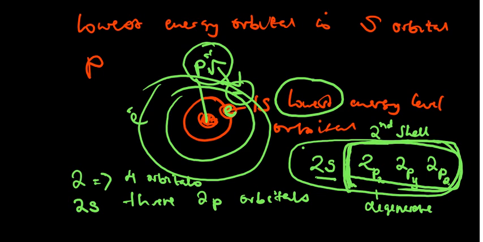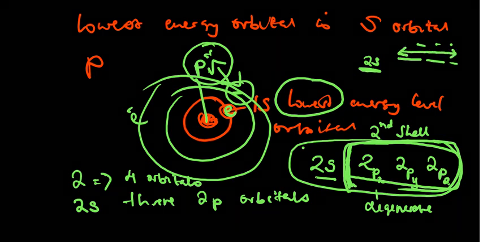We can even imagine this like a staircase. You have the first stair there, the second, and then the third, and so on. The first stair has lower energy, which is 2s. For you to move to the second stair, you need more energy. Now if you move along this second stair, you will not spend any energy because you are in the same energy level.